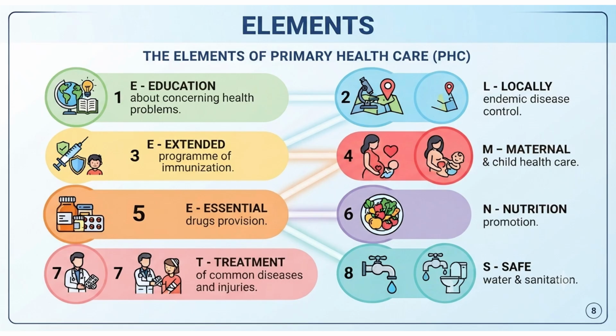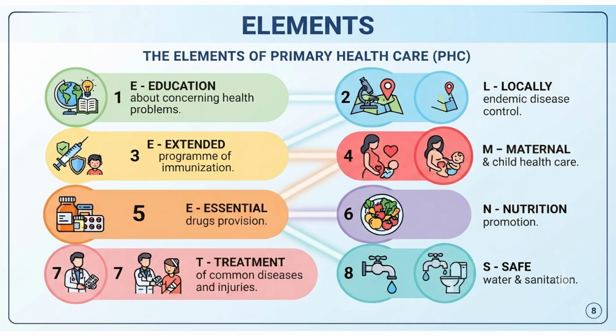Next is L. L means we should have knowledge about locally endemic diseases and control measures. Third is E in elements. E you can remember like EPI, we know, no? Expanded Program on Immunization. So you can remember immunization against vaccine preventable diseases.